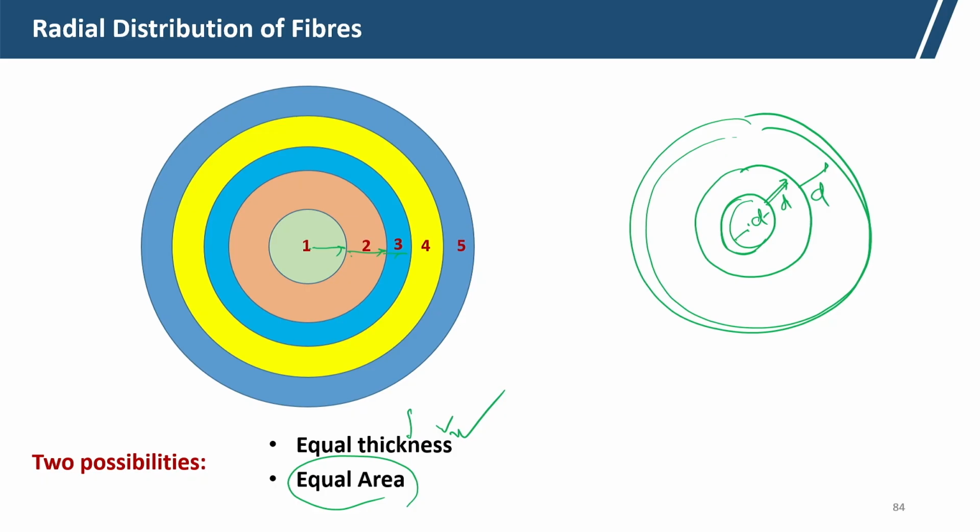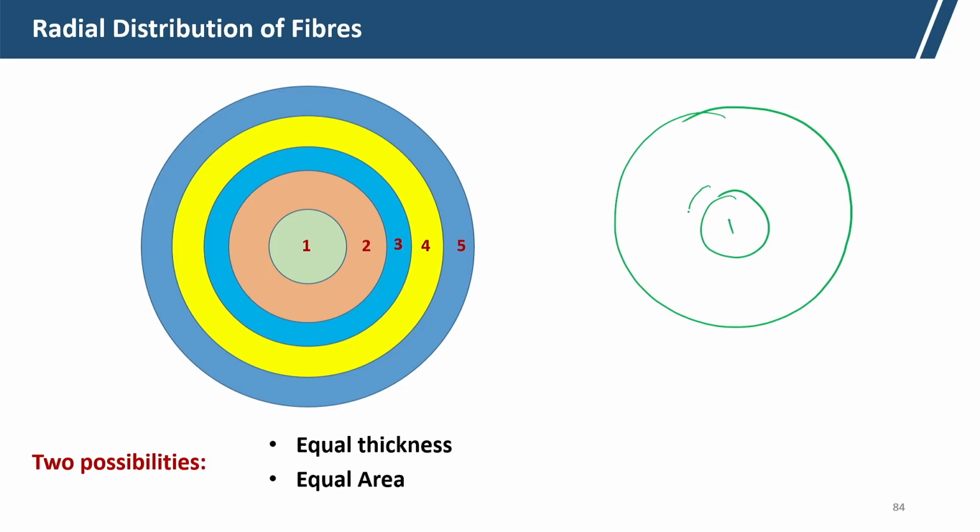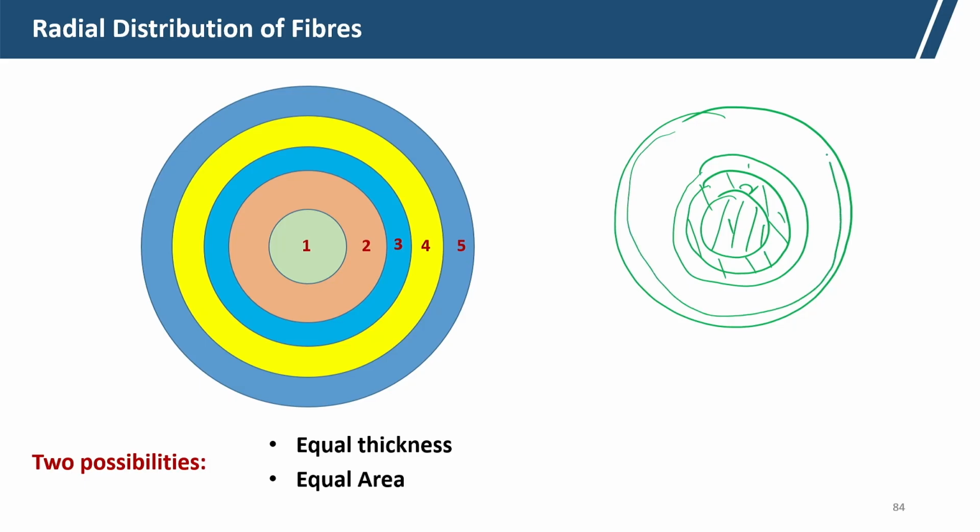Another approach is the same area. To have the same area, this is area 1, area 2 will be this second layer, then the third layer. You will see, as we go close to the surface of the yarn, from core to sheath, the thickness keeps on reducing to maintain the area.